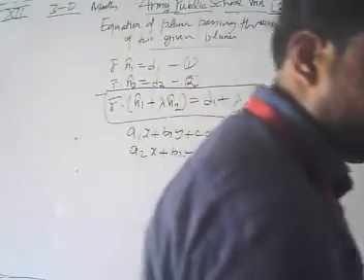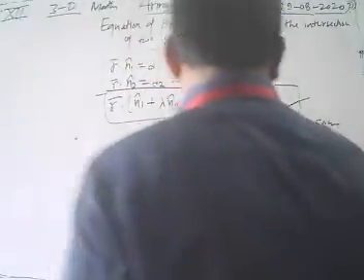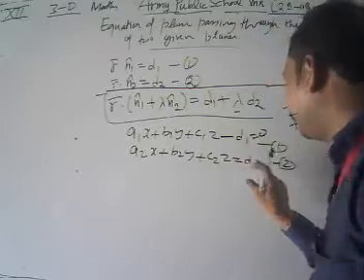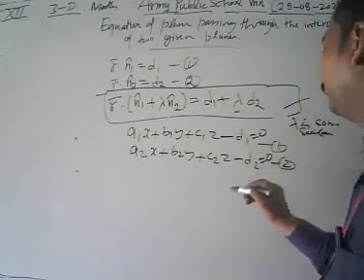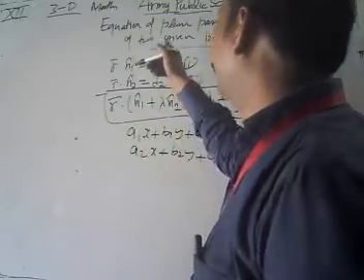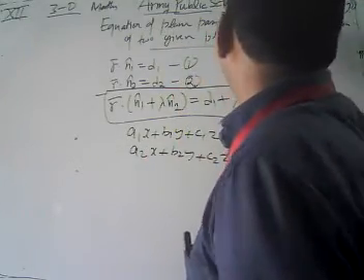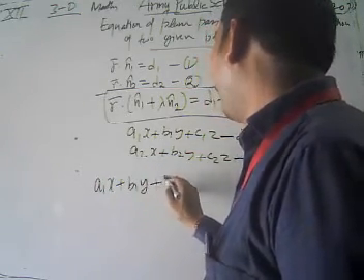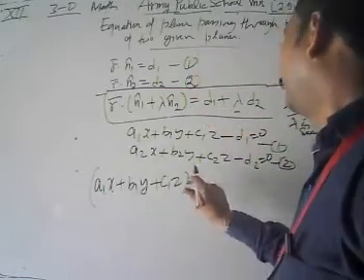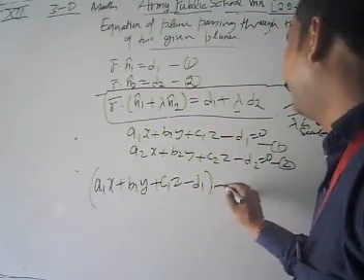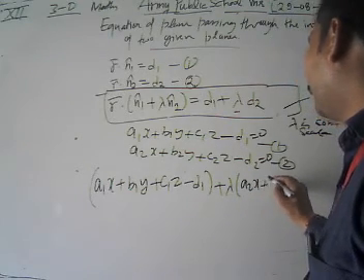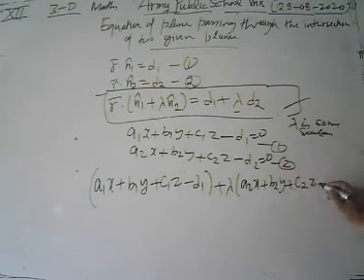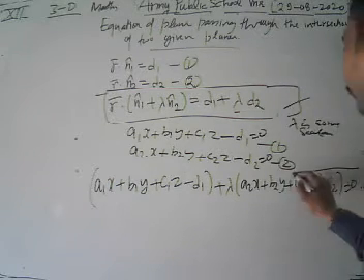Shifting the constant to the same side, the equation of the plane in Cartesian form, passing through the intersection of the two given planes, is a1x plus b1y plus c1z minus d1, plus lambda times (a2x plus b2y plus c2z minus d2), equal to 0.